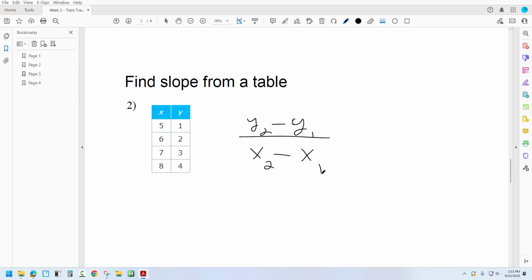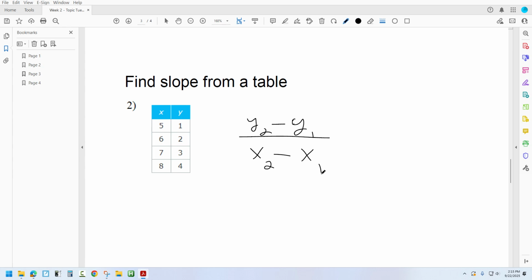Okay. In order to find the slope, you need to write down 2 coordinates. How many coordinates did they give me in that table? Like all together.